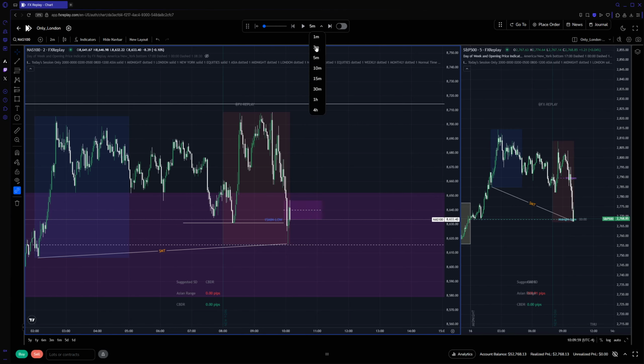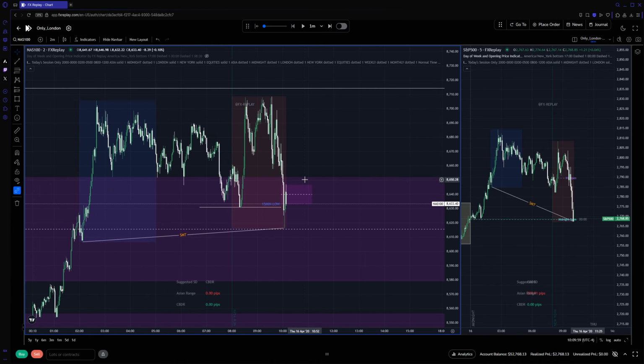So I'm going to have to actually do maybe 1 minute. SMT is in place. We took sell side liquidity, which is exactly what I wanted to see. I think we can go forward in time just now. I'm just trying to make sure I caught everything. SMT in place, took sell side liquidity.